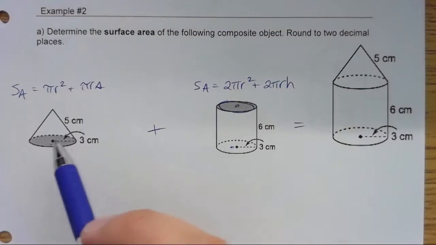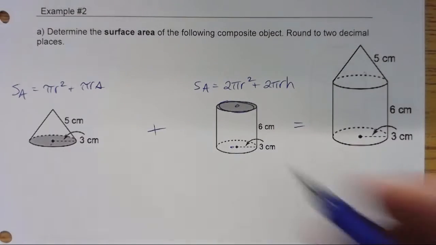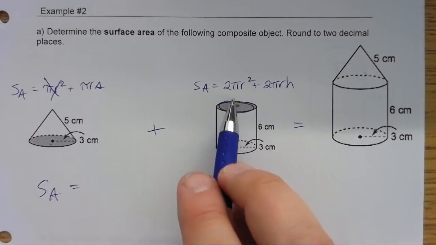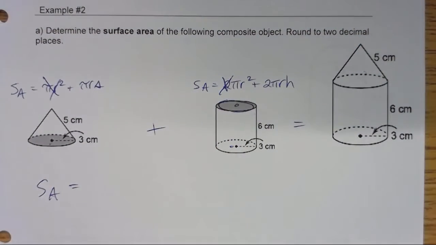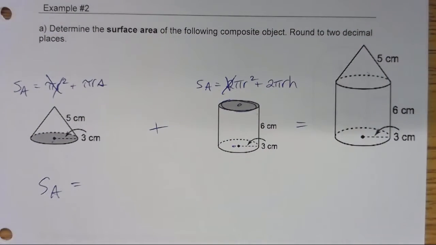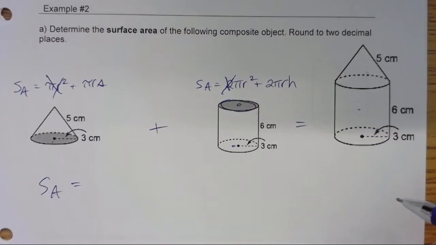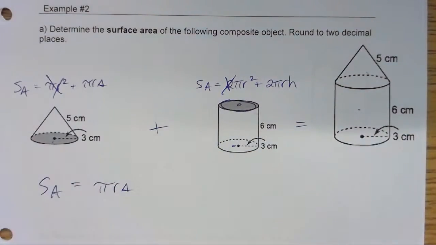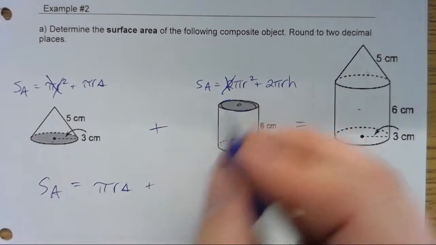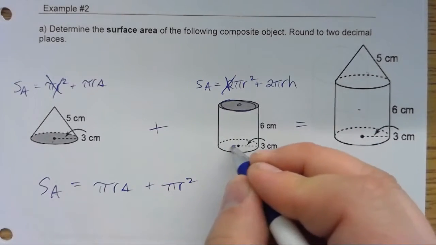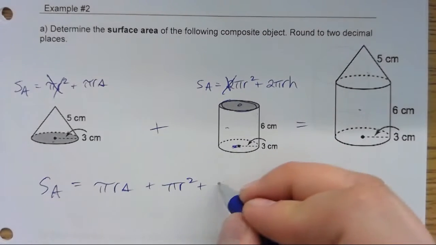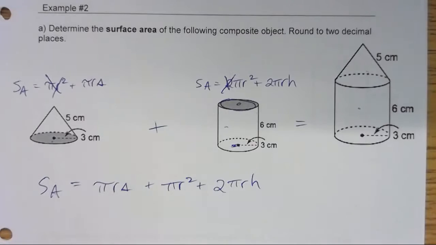So, when it comes to making a formula for this thing, well, I actually don't need that circle. And I don't need one of these circles. So I'll just get rid of the 2. See the logic in that? So my total surface area for this object here is going to be pi rs from the cone, 1 pi r squared from the cylinder, because there is still a circle on the bottom that it's sitting on, and the lateral part, 2 pi r h.